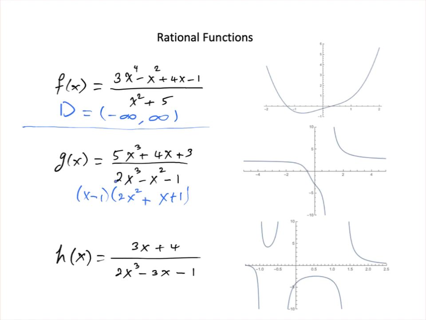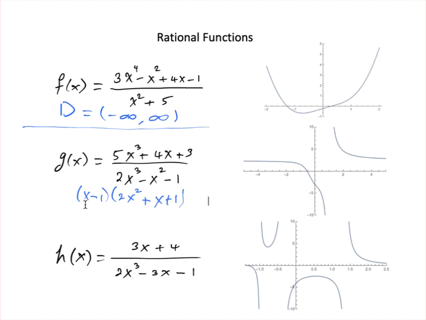And then if you divide 2x cubed minus x squared minus 1 by x minus 1, you get as a quotient 2x squared plus x plus 1. And now we can check it actually. Multiply 2x squared by x, you get 2x cubed. 2x squared by minus 1, you get minus 2x squared.